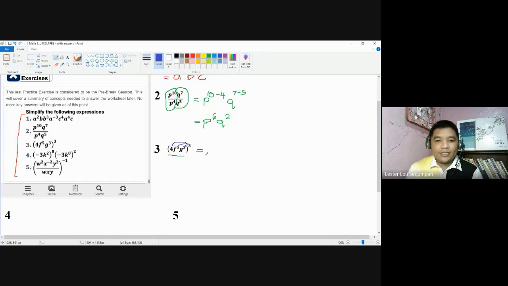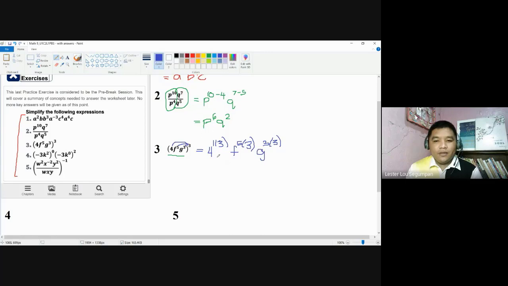If this is the case, we will get here 4, originally to the power of 1, times the exponent outside, 3. Let me try to rewrite it here. Okay. And then you have here f, originally raised to the power of 5, but then to be multiplied by 3. And finally, you have g cubed, to be multiplied again by 3.